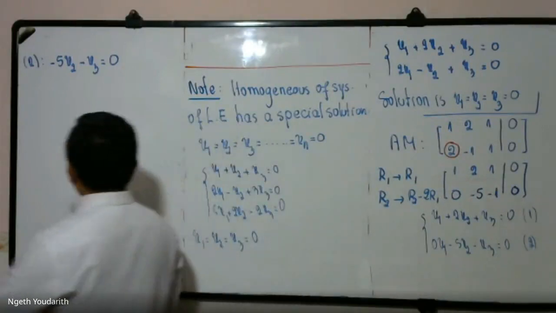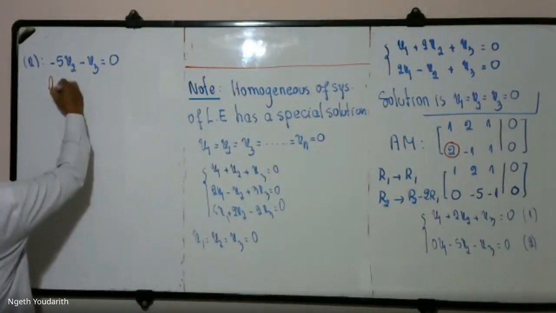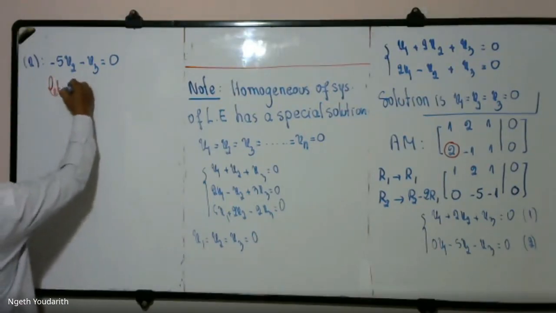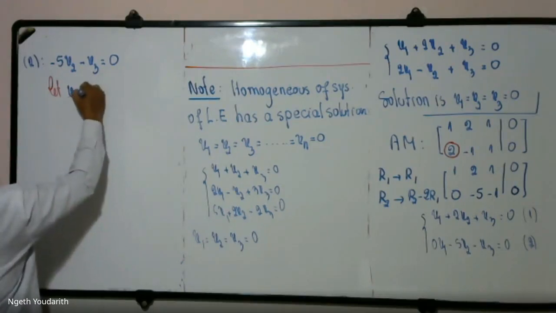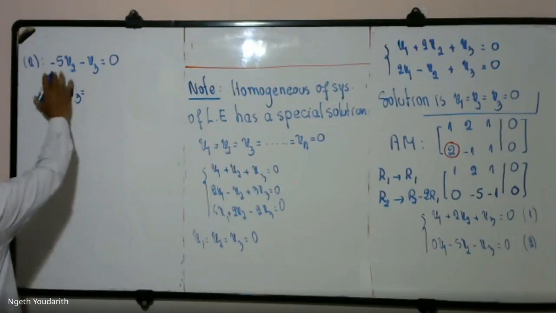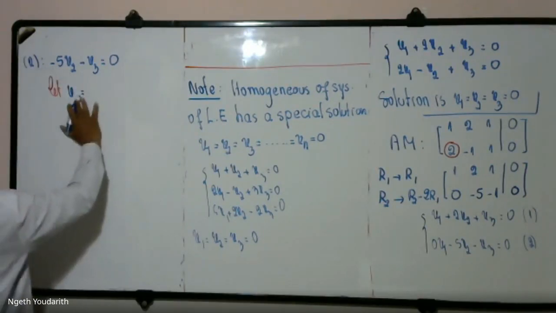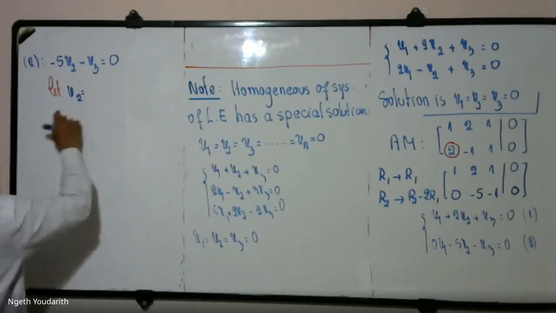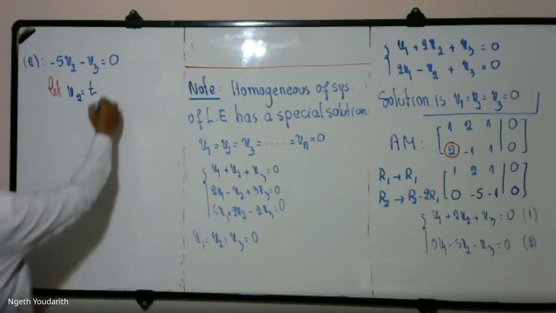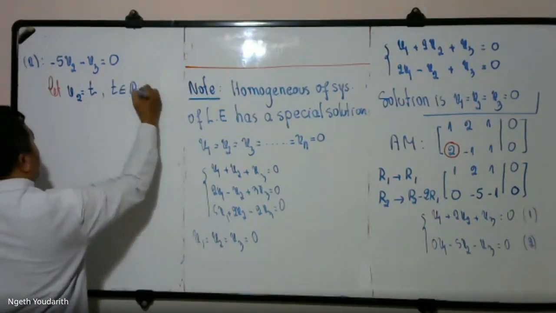So at this point, I let x1 or x3, sorry, x3, depend on the gradient. I let x2 equal t, where t is a real number.